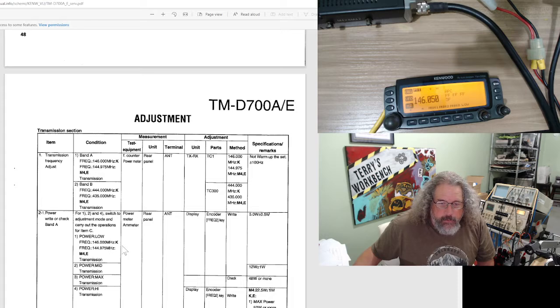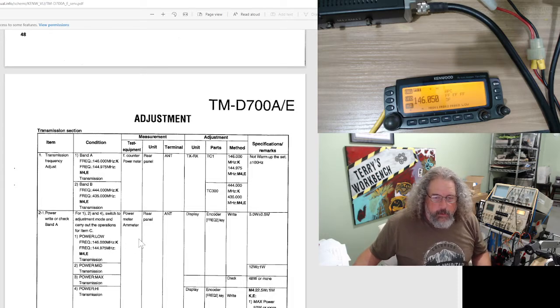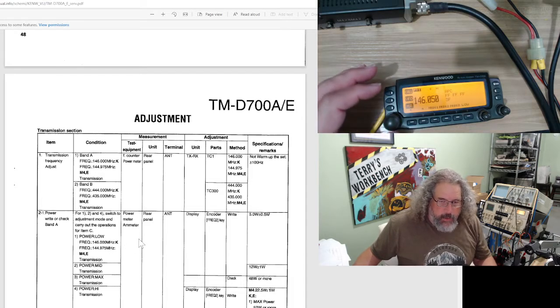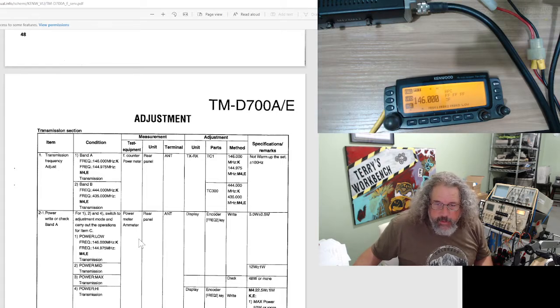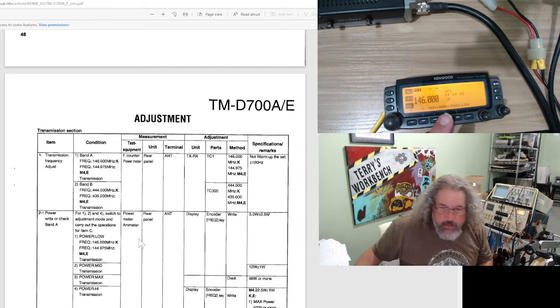Okay, 146. All right. So it's saying 146 even. Be on. All right. It's saying encoder is the frequency 2 key.